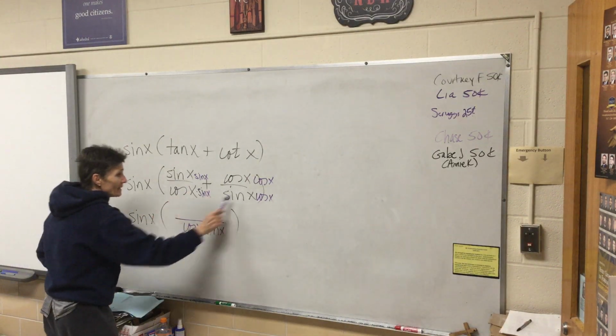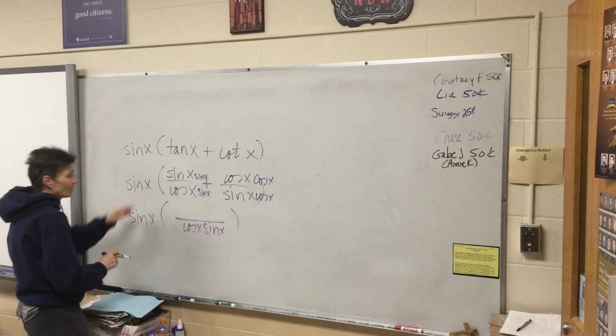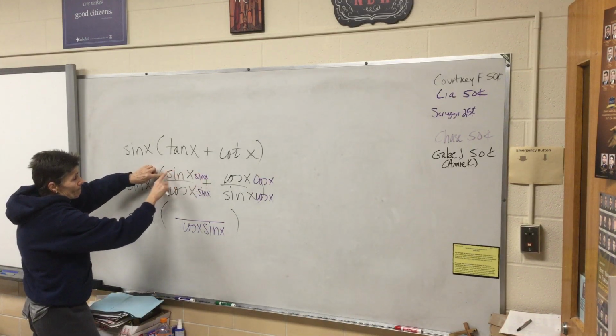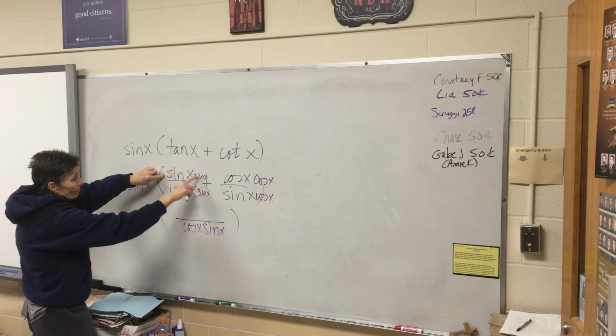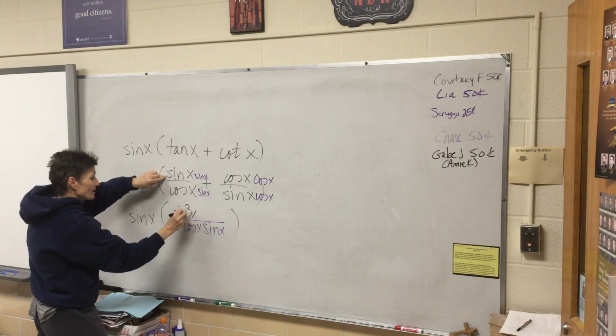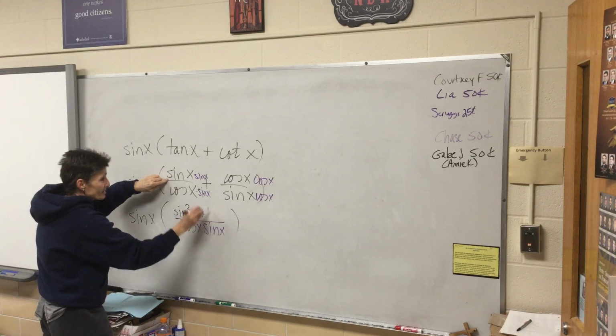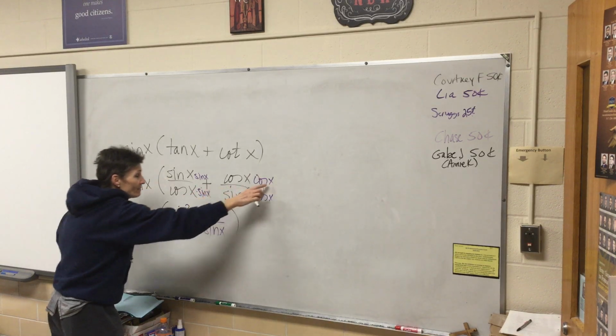Now both denominators are cosine sine, so let's see, what do I have in the numerator? What do I have here? Sine squared. Yep, that's right. Plus, what do I have here?